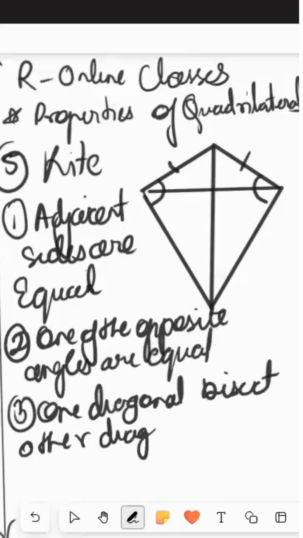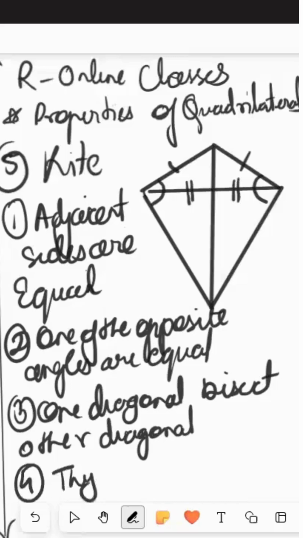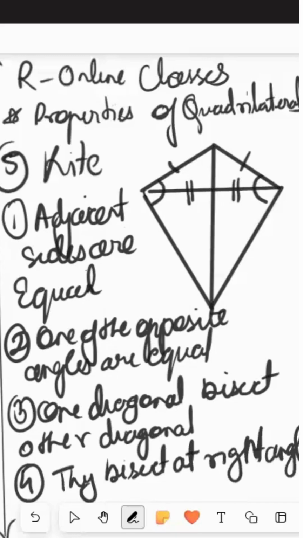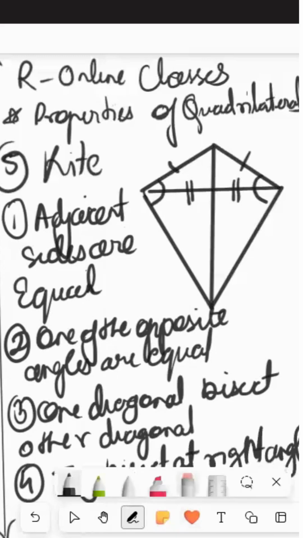In this case, they don't bisect each other, please remember. So that means this diagonal bisects only this diagonal. And the most interesting one, they bisect at 90 degrees, at right angle. And that's it. That's kite for you.